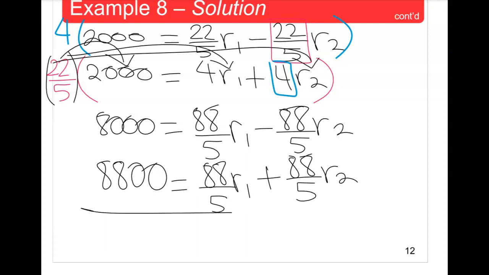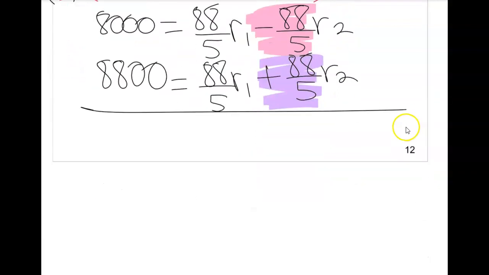So you could see now that we do have those opposite coefficients. We have negative 88/5 and we have positive 88/5. That was the purpose, so that we could eliminate one of the variables. And that's what I'm going to do next.